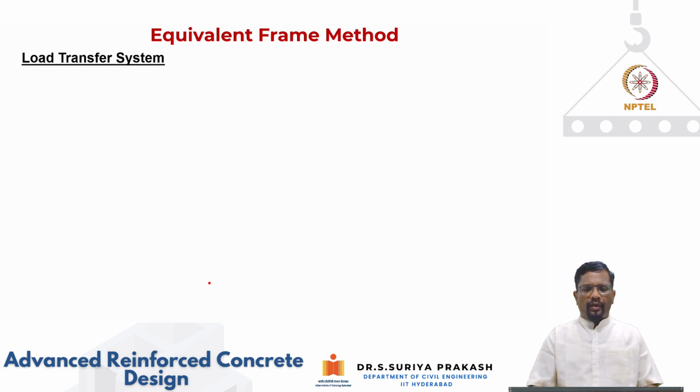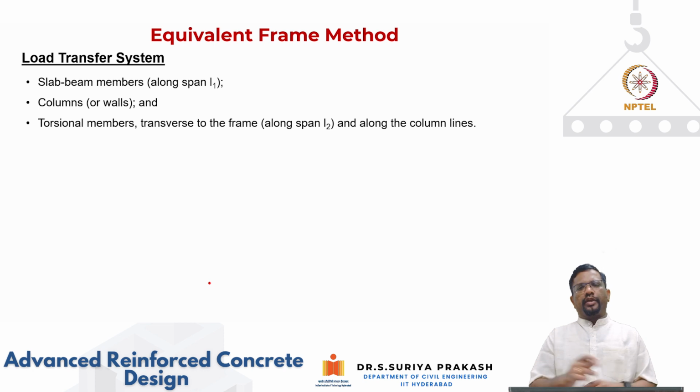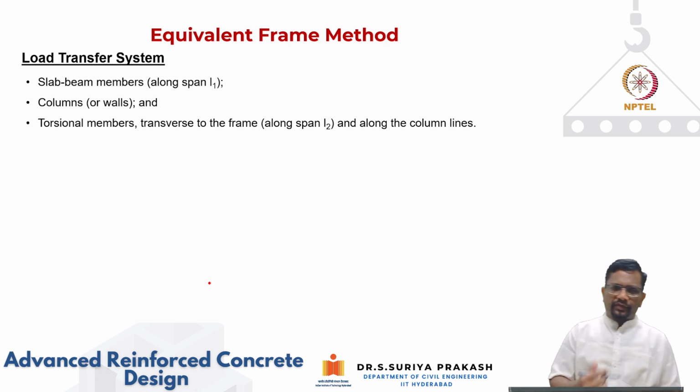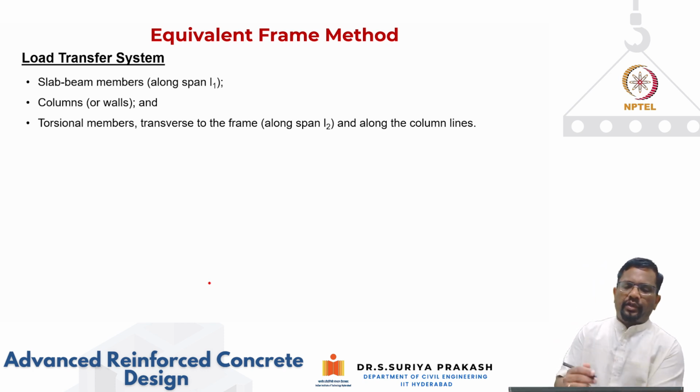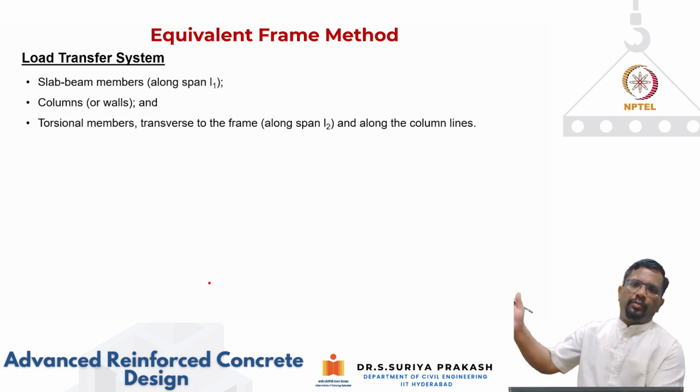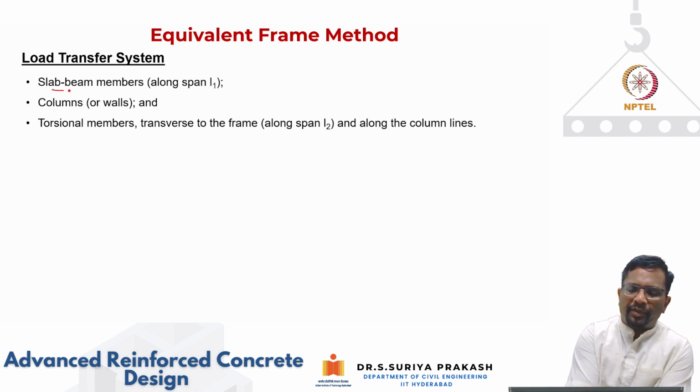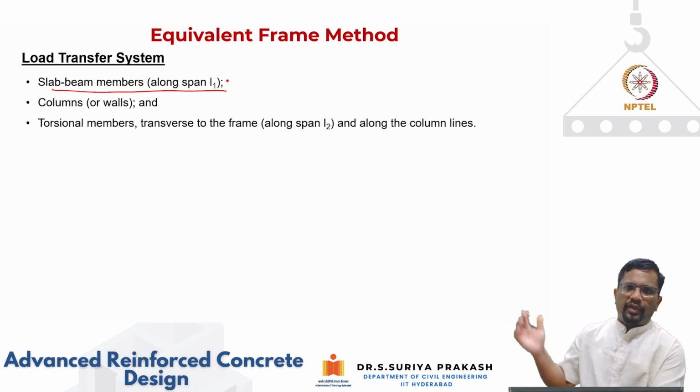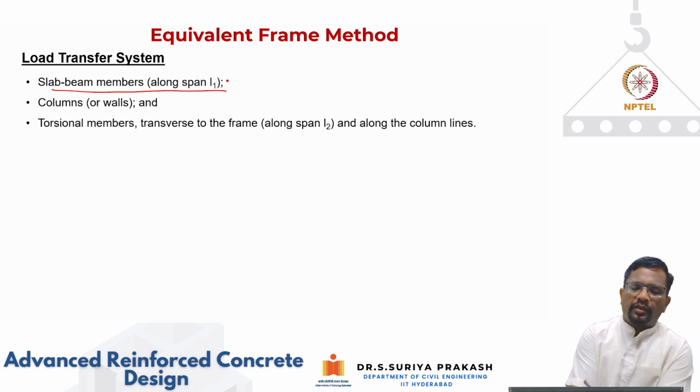Right? Load transfer system. Now, let us look at what the different load transfer systems are in an equivalent frame. As we have seen in the previous slide, the main element that is transferring the load is the slab beam member in the main direction of bending. Then you have supports in the form of columns or walls. Now, this is the third one that we have to be careful about.